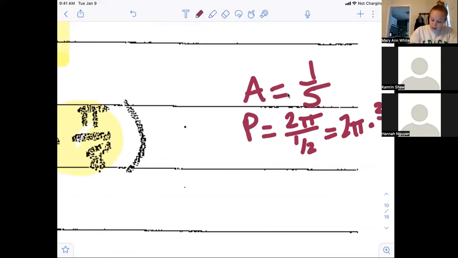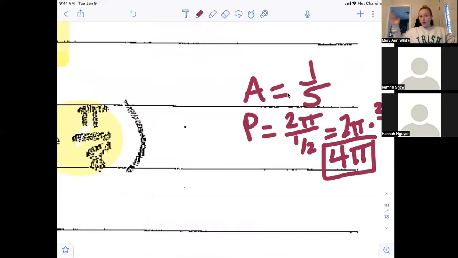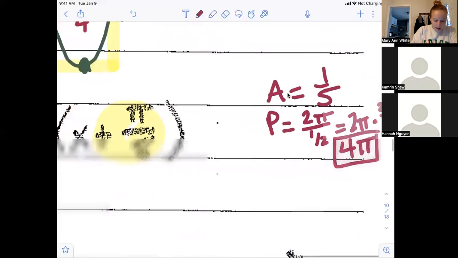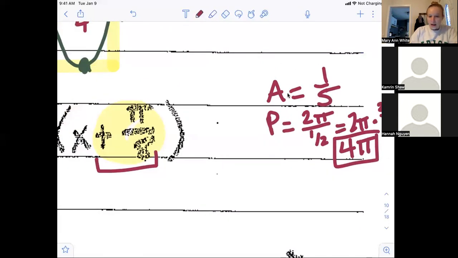So my period here is actually going to be 4 pi. That's a little bit extended from what we normally have. Normally we have to get our sine or our cosine within 2 pi units. Now I'm doubling it, so it's going to be long and stretched out a little bit. And then this plus pi over 8 means that I'm going to move to the left pi over 8 units. So instead of starting at 0, I'm going to start at negative pi over 8.